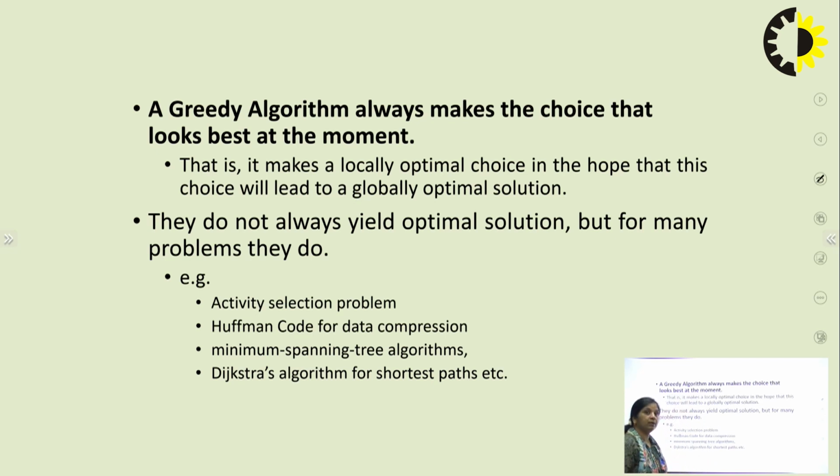So what does it mean when we are talking about that current situation? It means we are making a locally optimal choice. We choose the optimal solution in our local scenario, in the hope that this choice will lead to the globally optimal solution.